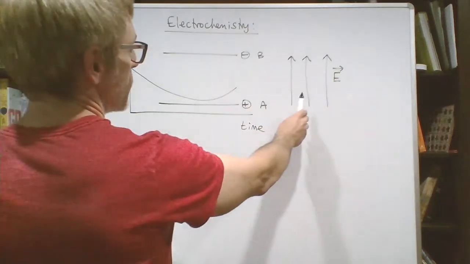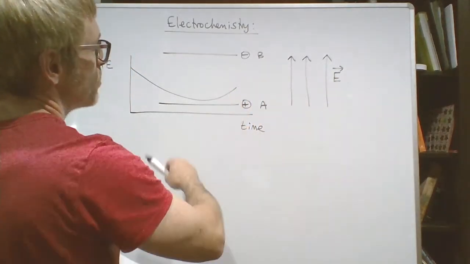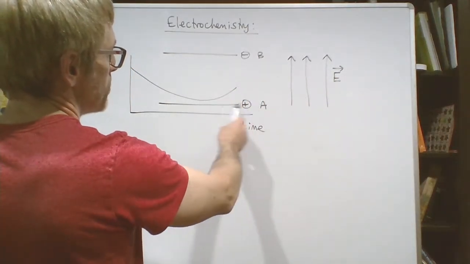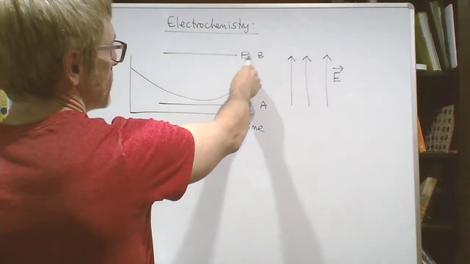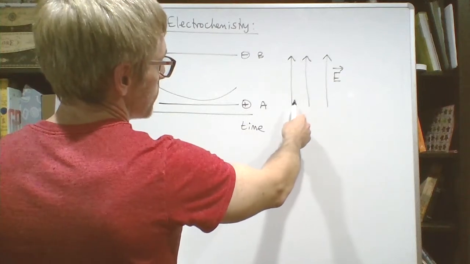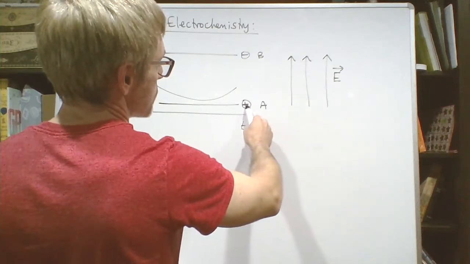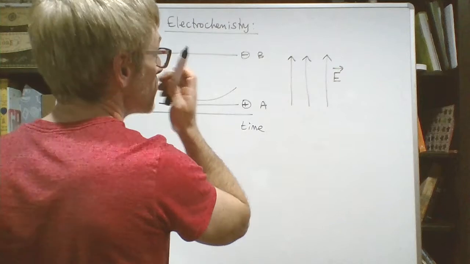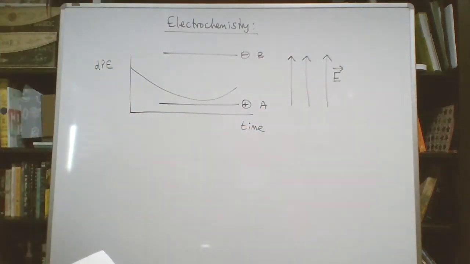We have an electric field applied between two plates. A is the plate that has a positive charge, B is the plate that has a negative charge. And I know that the electric field flows from the positive plate to the negative plate. So here it's flowing upwards.